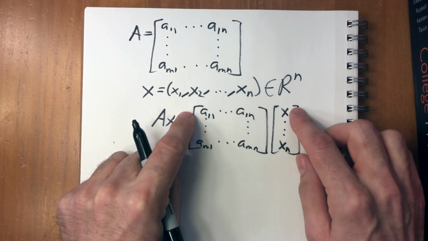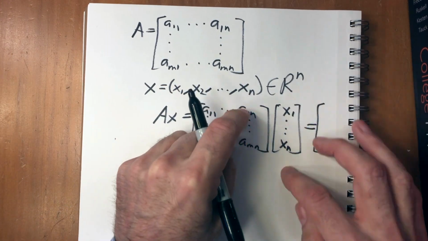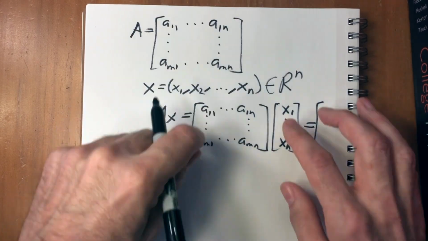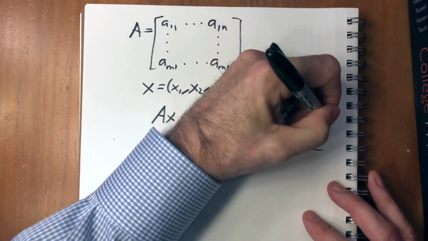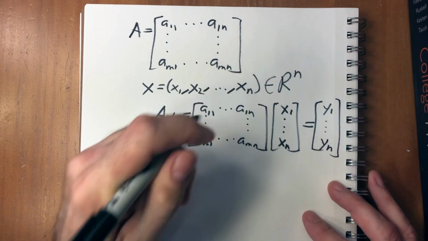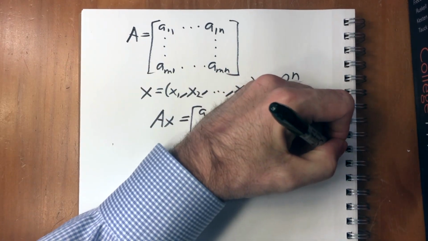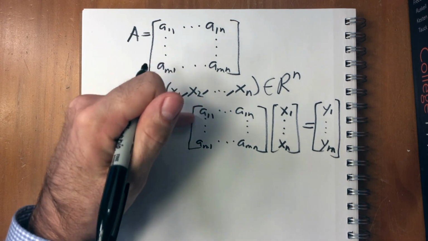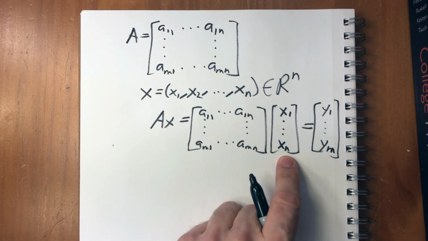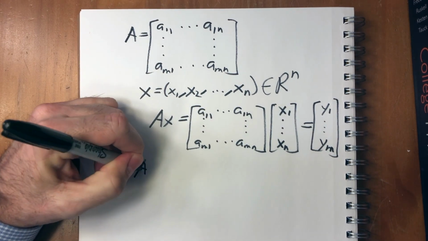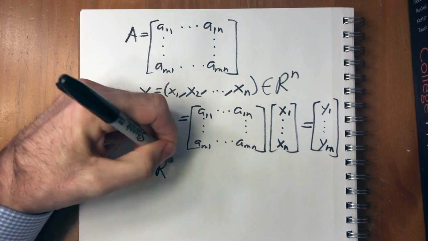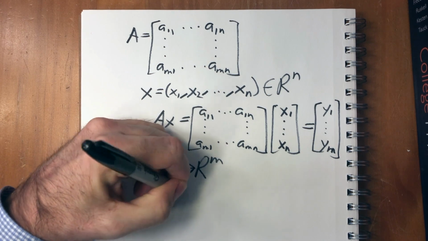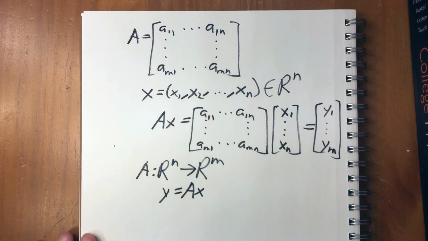So the result will be this row dotted with this column, down through the rows. So it would be y1 to yn. Oh, actually to ym. So this would actually have the number of rows in the matrix instead of the number of rows in the vector. So in that way, A defines a function from Rn to Rm, defined by y equals Ax.